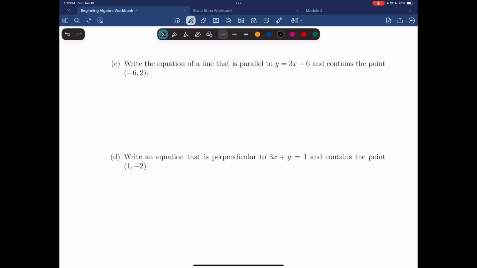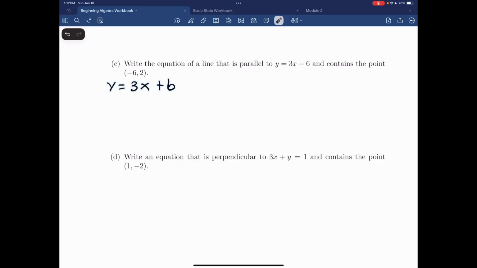So we can plug in the given point to y equals the same slope, 3x plus b, because we don't know what b is, and we want to find the equation of the line that is parallel to this line.